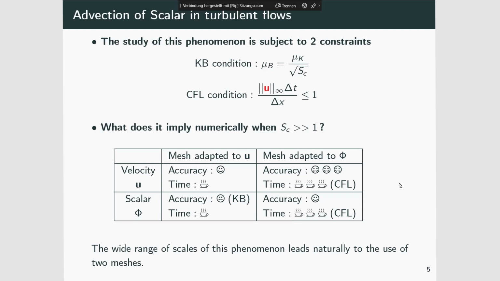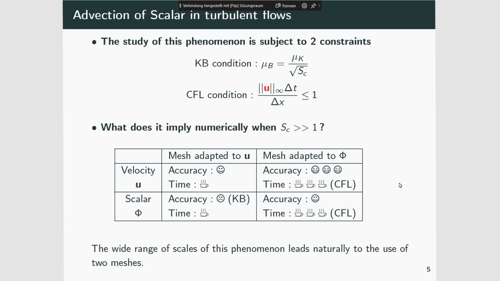If you use a mesh adapted to the scalar, you will be over-accurate for the velocity, and the time of your computation can be extremely long. The accuracy on the scalar will be okay because the mesh is fine enough to capture every variation of the scalar, and the time step, due to the CFL condition, can be very low.